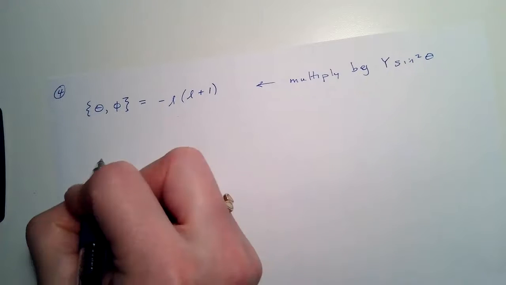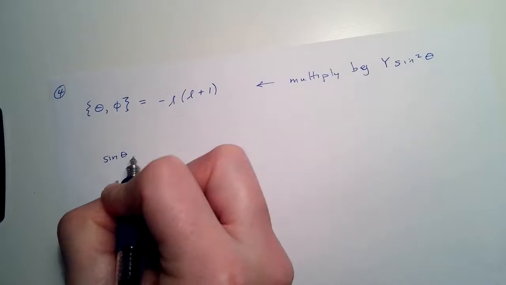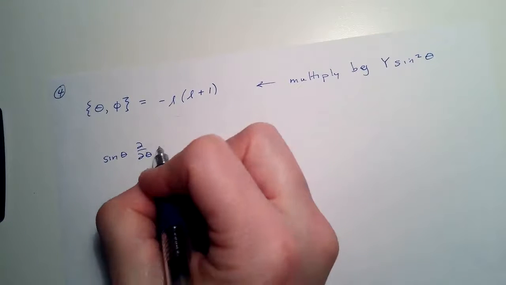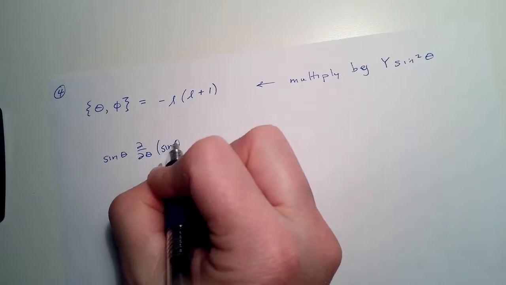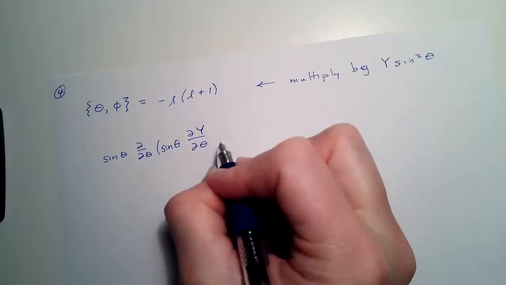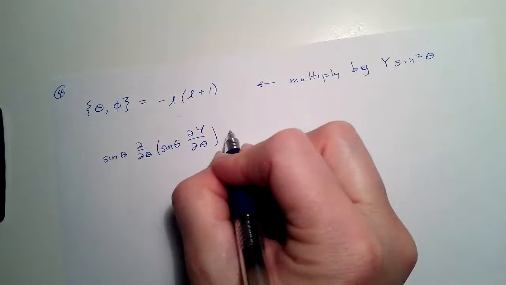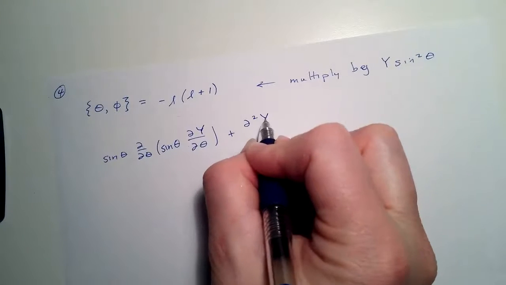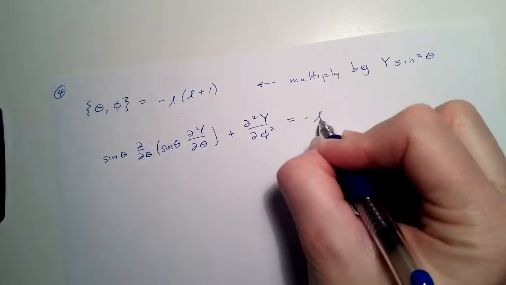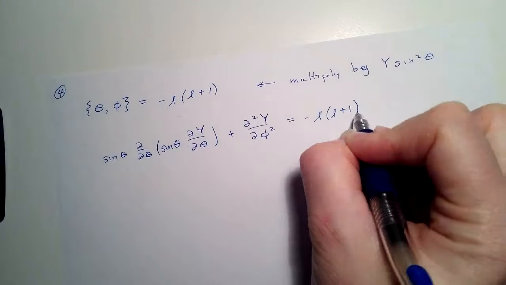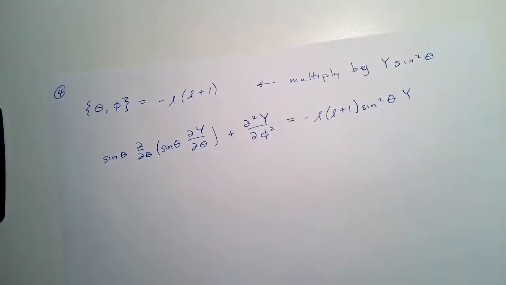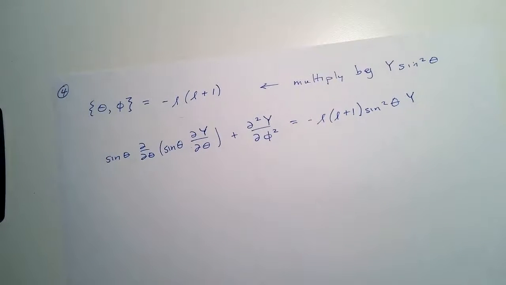So when I do that, what I have is a sine theta, an instruction to take a derivative, another sine theta, an instruction to take a derivative, okay, so I have something that looks like that.